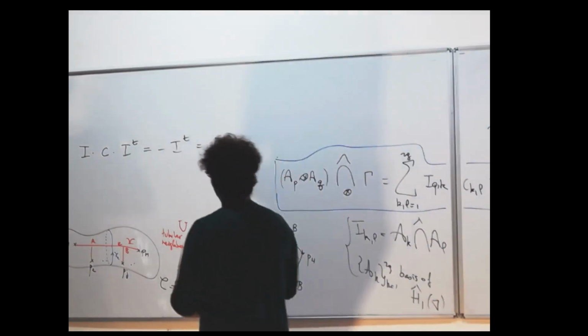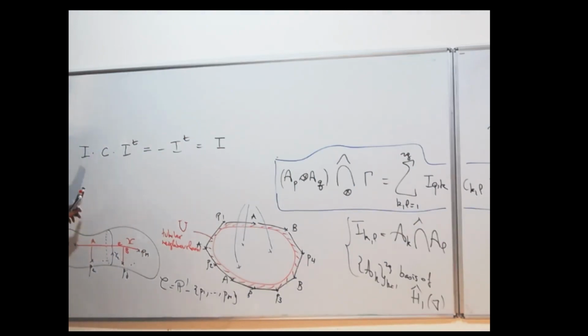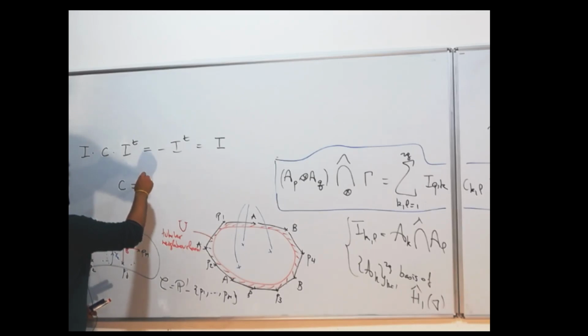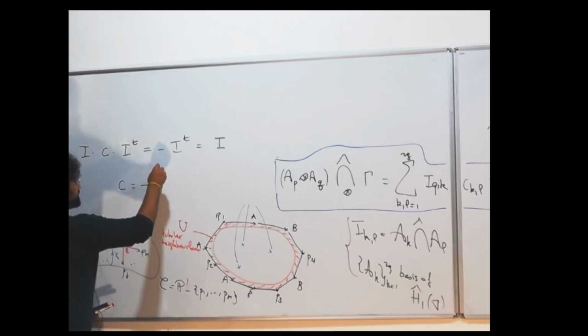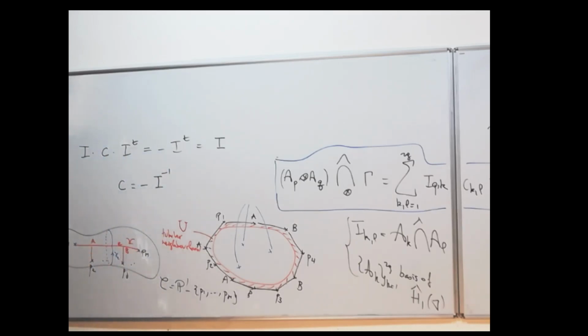Well, okay, that's life. So I transpose equals I. So up to invertibility of I, which we will see in the exercise session, what you get here is that C is minus the inverse of I. And so up to a sign that I'm not figuring right now, we get the result that we wanted, and this ends the proof.